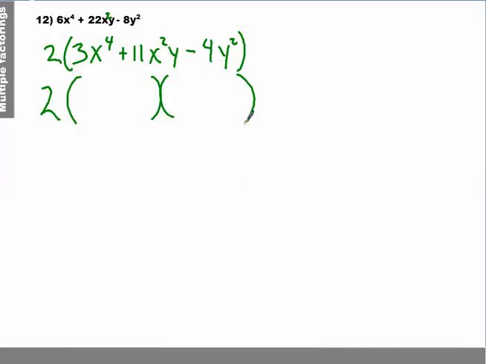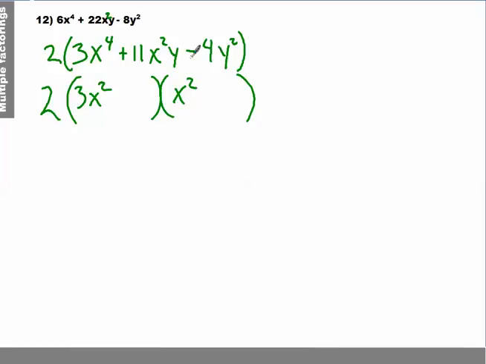Okay. So, well, what times what is 3x to the 4th? That's right, River. It's 3x squared times x squared. Because 1 times 3 is the only way we can get 3, it's prime. And how do we get negative 4y squared?